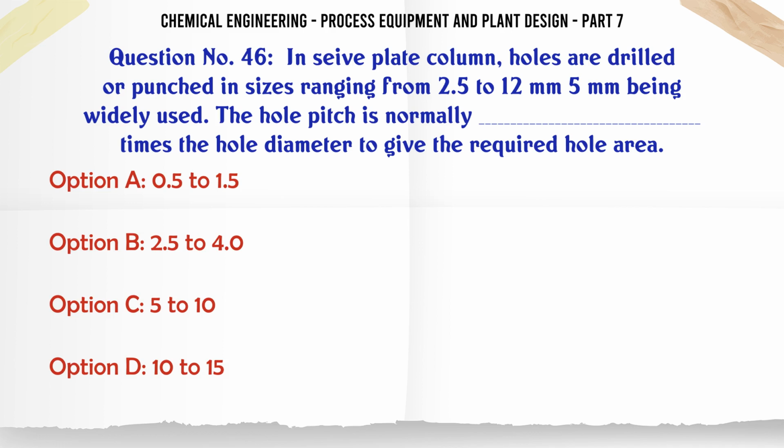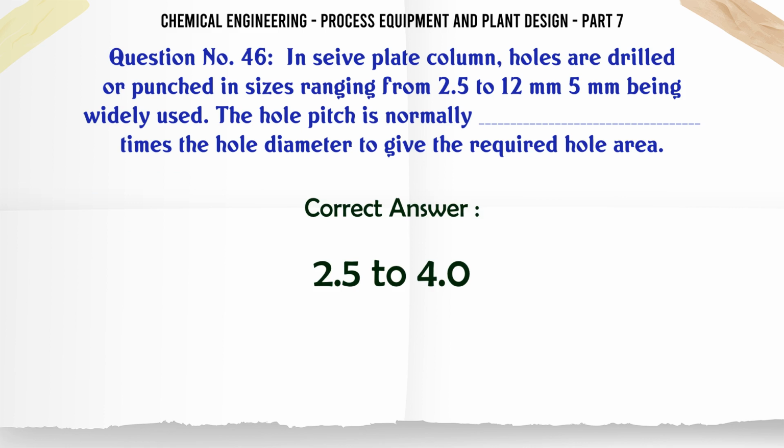The hole pitch is normally times the hole diameter to give the required hole area. A. 0.5 to 1.5, B. 2.5 to 4.0, C. 5 to 10, D. 10 to 15. The correct answer is 2.5 to 4.0.